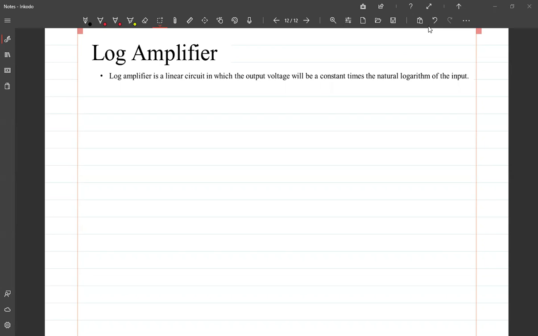For example, if a signal has to be converted like this, we have an input signal A. For this input signal, we have to find the corresponding logarithmic value.